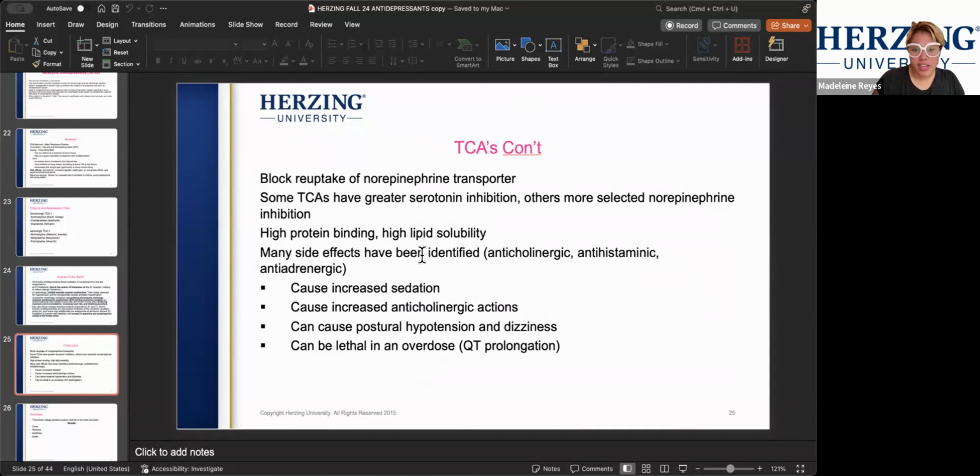Many side effects can be identified: anticholinergic, antihistaminic, and antiadrenergic. So we have to be very careful who we prescribe these medications to. Can cause sedation, increased anticholinergic action, hypotension and dizziness, and can be lethal in an overdose and cause QT prolongation.